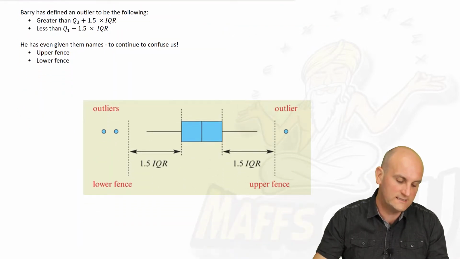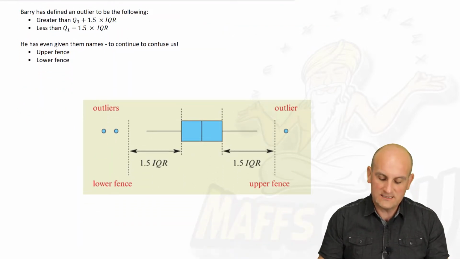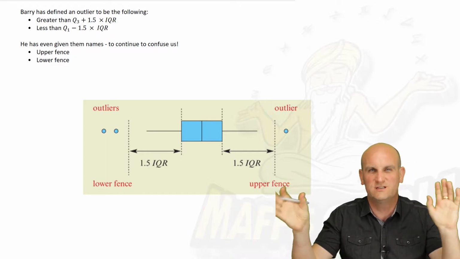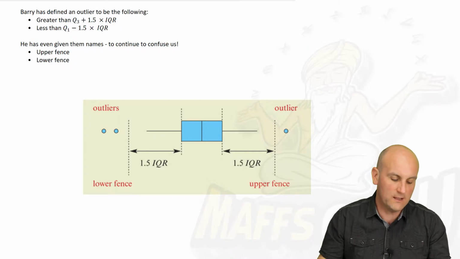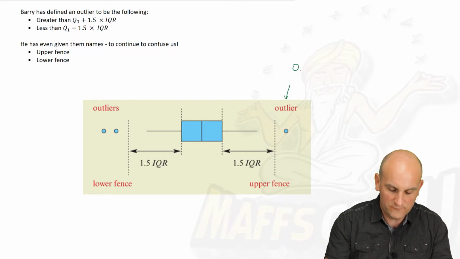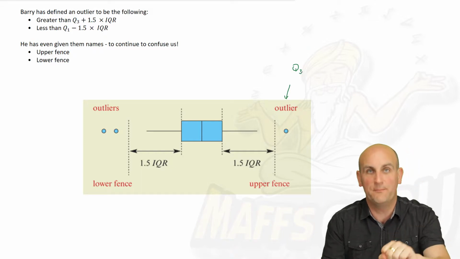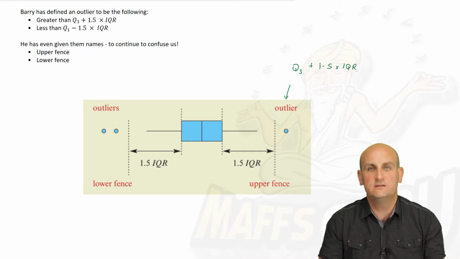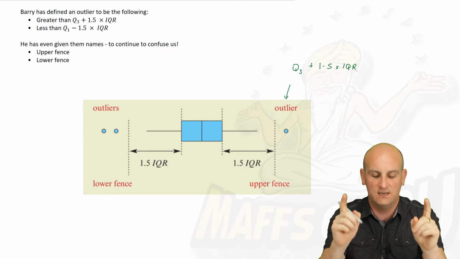And basically what he said was this, that because in maths we need to make sure that we know what data is on the outside, an outlier is given by the value of Q3, otherwise known as my upper quartile, and I'm going to add on to that 1.5 times my interquartile range. Now we already know that my interquartile range is that middle 50% of data.